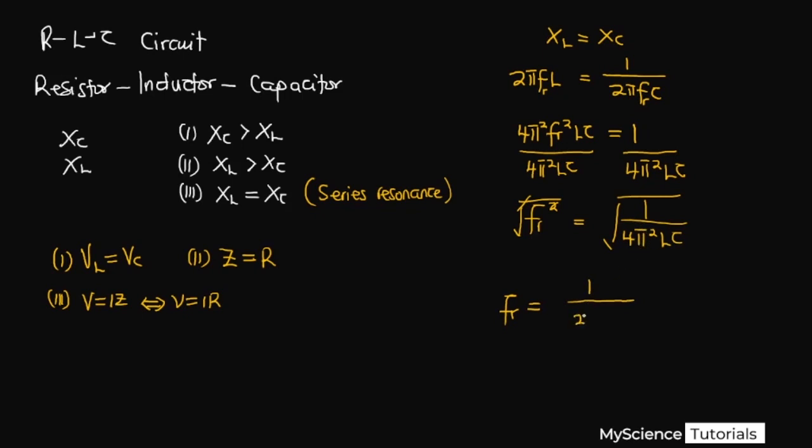That is equal to 2 pi, because 4 is 2 squared, and pi squared is also pi squared, so when we apply the root sign, it will be 2 pi. Then the only thing that will be left is just the root sign being applied to the inductance and the capacitance. So this is what we get as our resonant frequency. So our FR over here is what we are calling the resonant frequency.